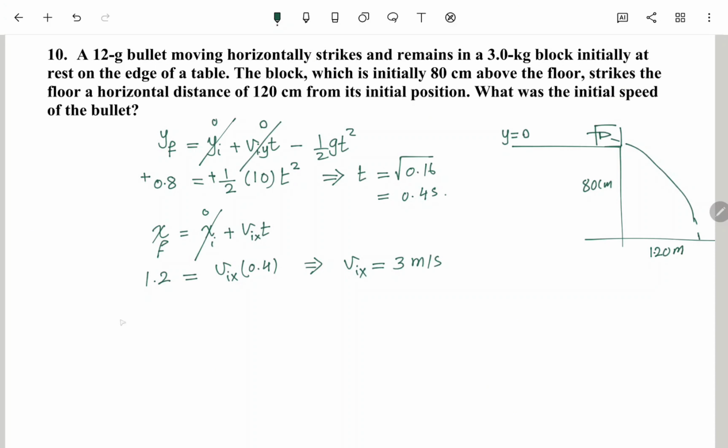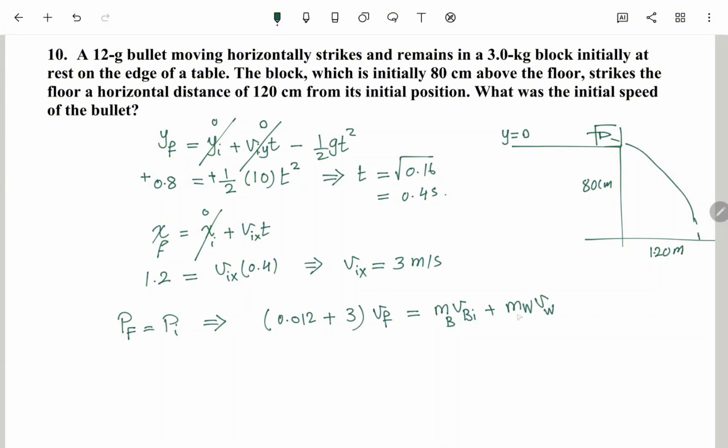In this case, let's use P final equal to P initial, or in other words, the mass of the bullet, which is 0.012, plus the mass of the block, which is 3 in this case, times V final, equal to M for the bullet times V for the bullet initial, plus M for the piece of wood times V for the wood.